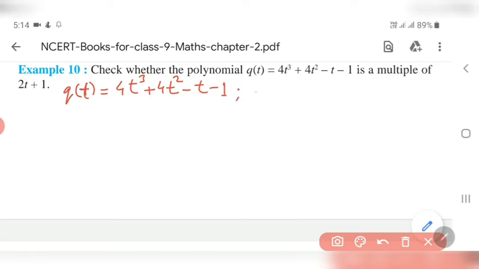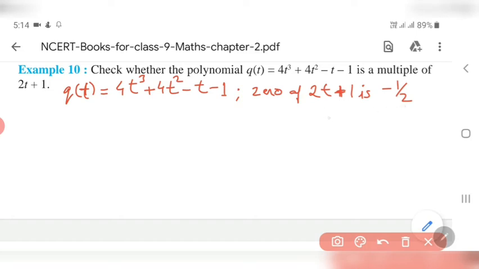Then what will be the zero of 2t + 1? The zero of 2t + 1 we can take as −1/2. Correct? So the zero of 2t + 1 is −1/2.